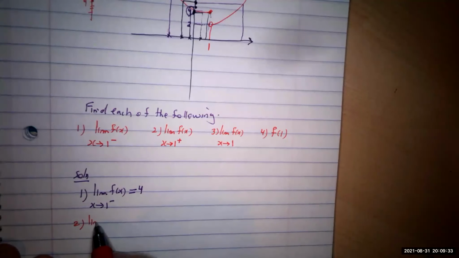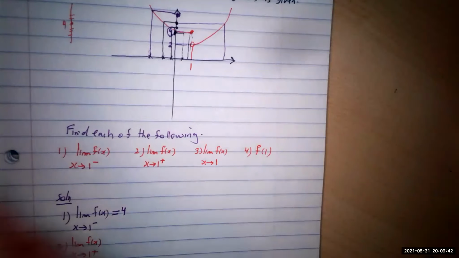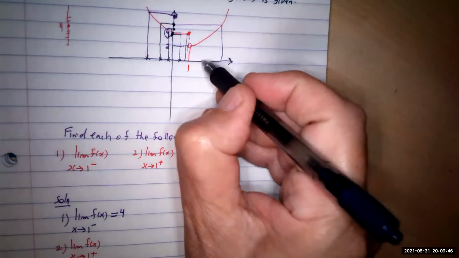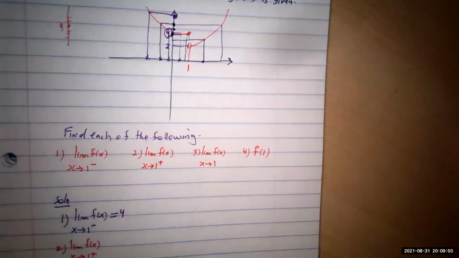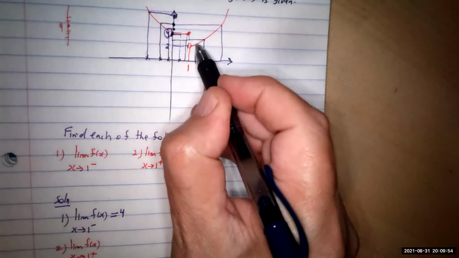Part 2, the other way around: limit of f of x when x goes to 1 positive. Let's check. For 1 positive, you have to come from this direction. So check some numbers. If you pick the number here, what's going to be the y number? This is the y number. If you get closer and closer, what are you going to register?